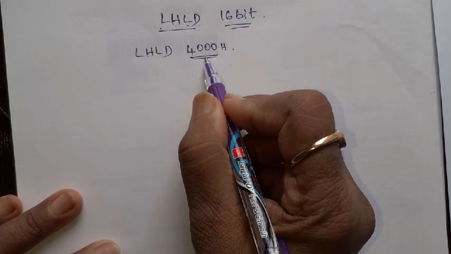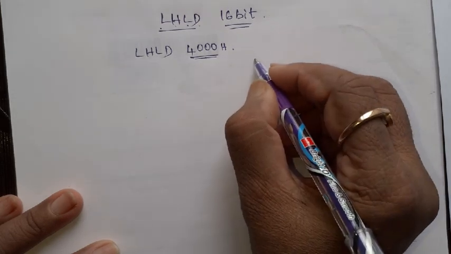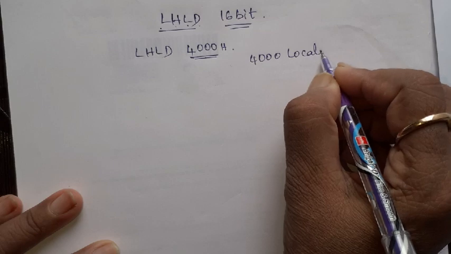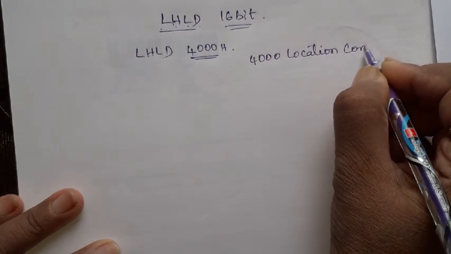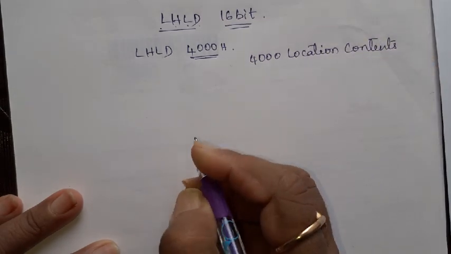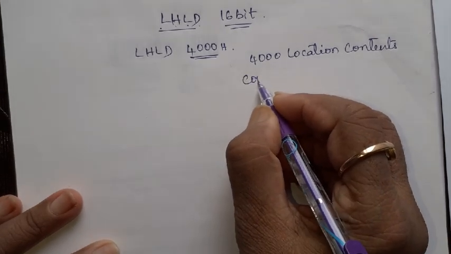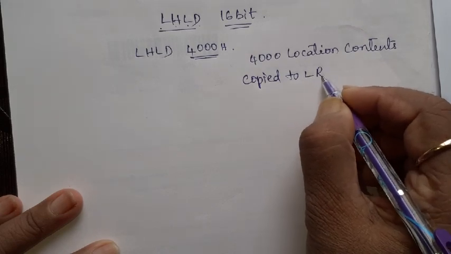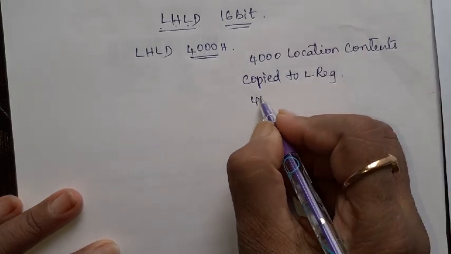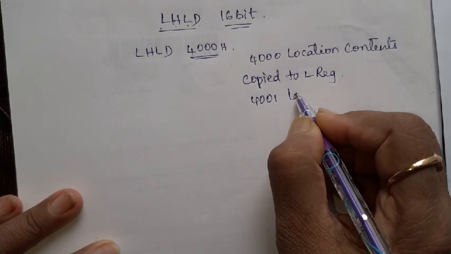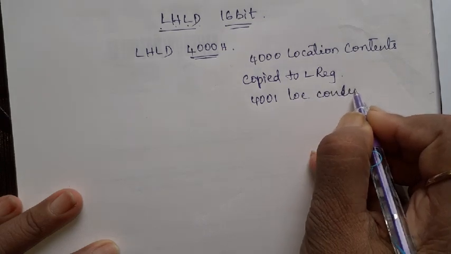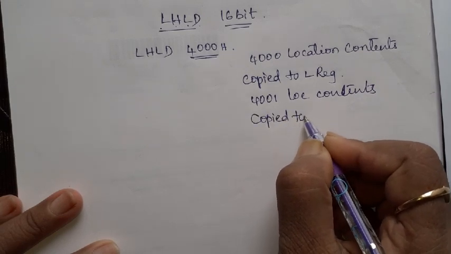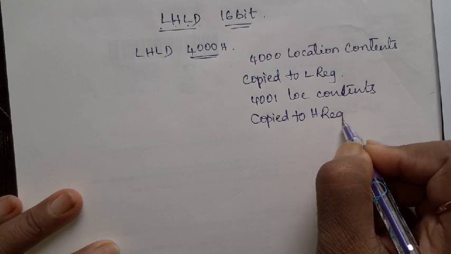That means the 4000 location contents are copied to the L register, and the 4001 location contents will be copied to the H register.